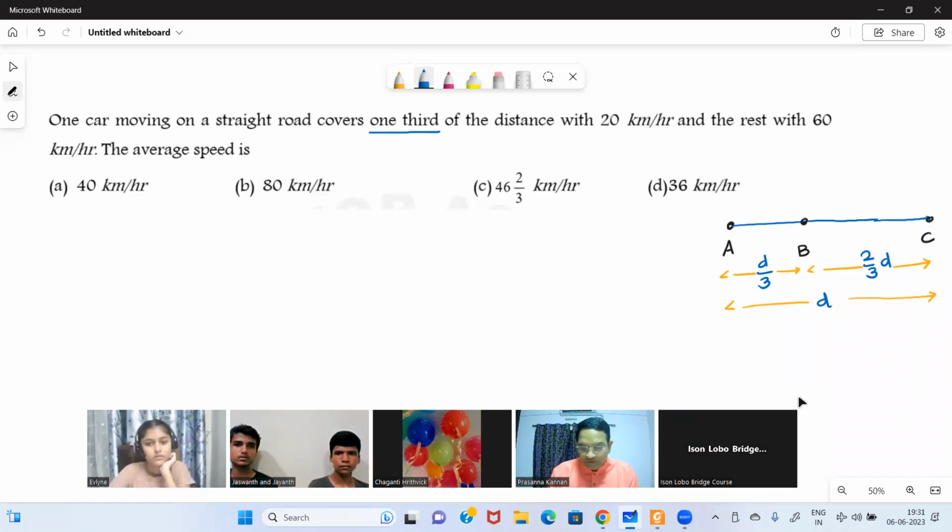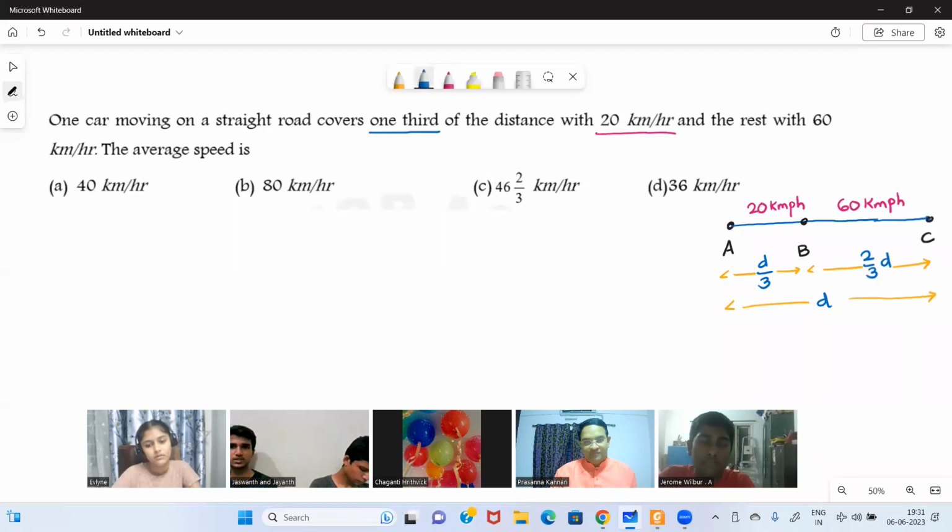Now, the first part of the journey, what is the speed, students? 20 km per hour. What is the speed in the second part of the journey? 60 kilometers per hour. Yes, perfect. So now we need to find the average speed of this car in the journey. Once again, we do the same thing.